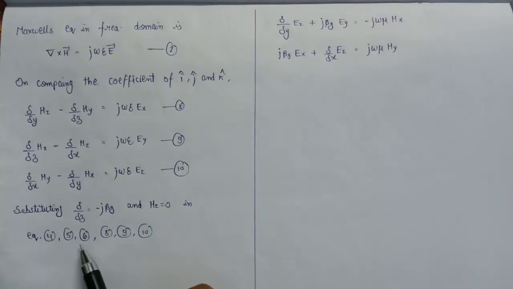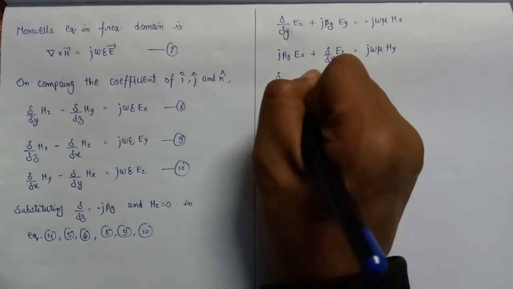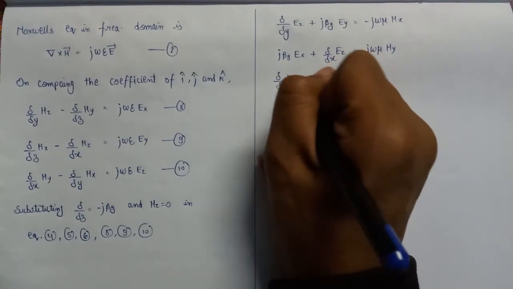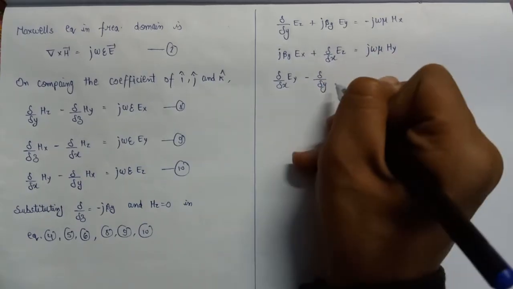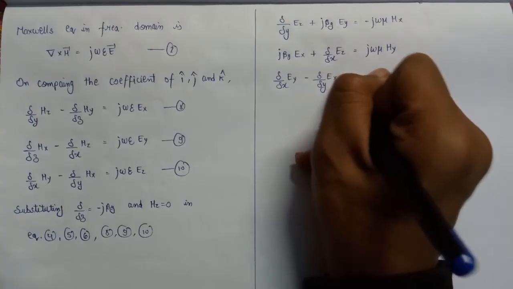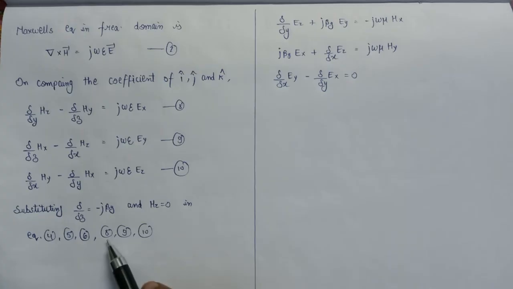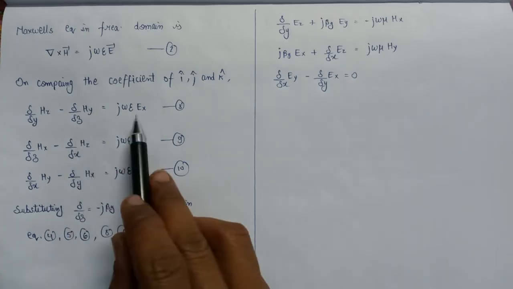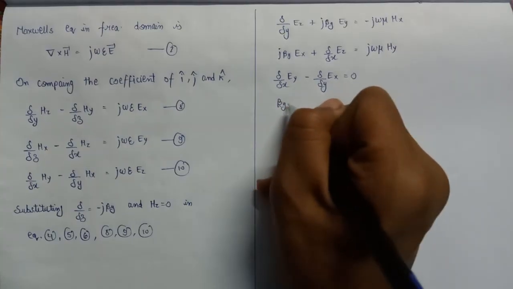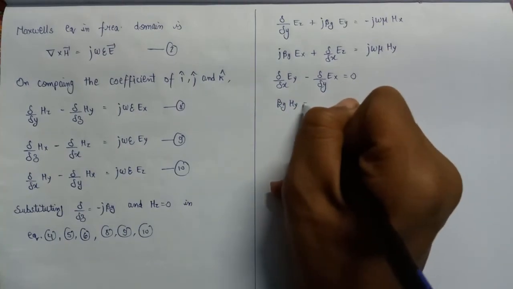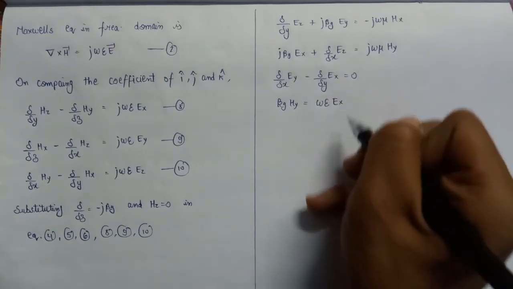On applying the boundary condition in equation number 6, we get del over del x into Ey minus del over del y into Ex equals to 0 only. From equation number 8, after application of boundary condition, we get beta g into Hy equals to omega epsilon into Ex.